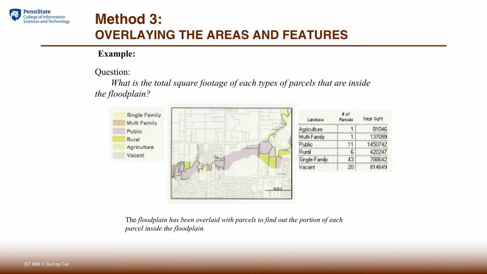They are not completely overlapping. They're partially inside, and we also need to count numbers that are only effective inside the affected area, the floodplain. So this is a typical case where we want to do overlay. Remember, if we don't need the total square footage, or if we just want to know how many parcels are affected, we don't have to do overlay. We can simply do a select by location.